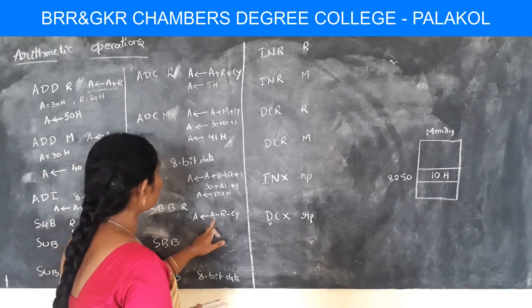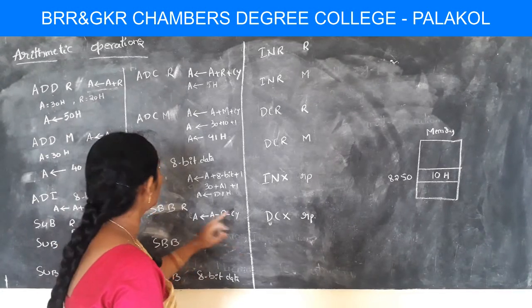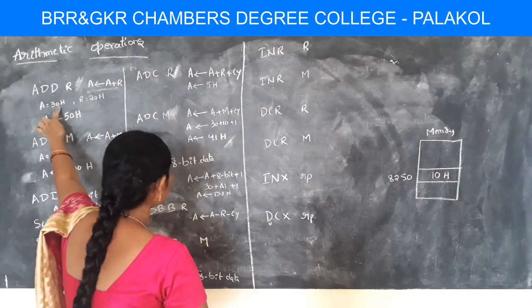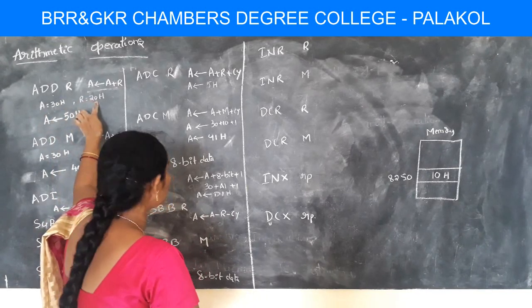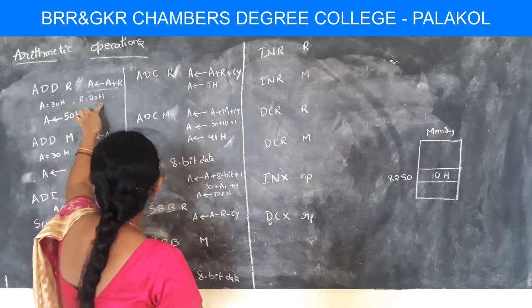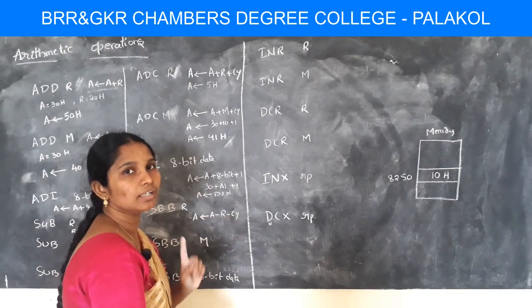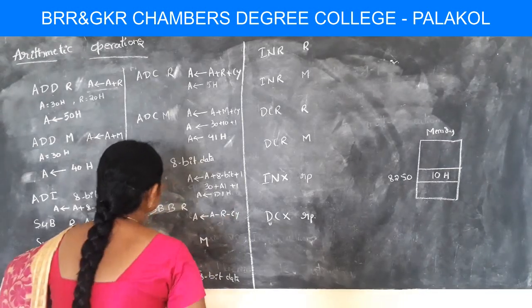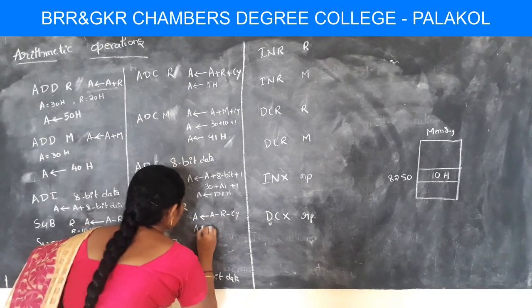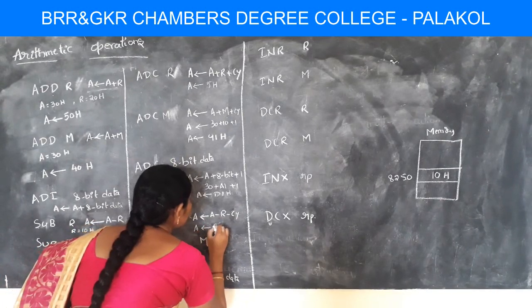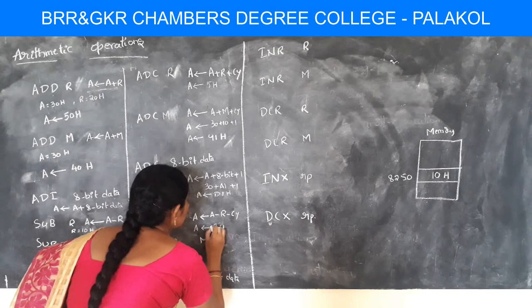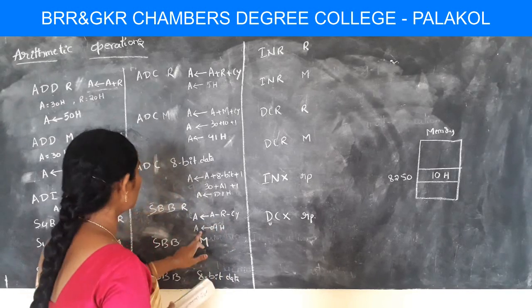So A minus R minus 1. A is equal to 30 and R is equal to 20. So 30 minus 20 is 10. 10 minus carry, that is 1, so 10 minus 1 is 9. So this 9H is stored in the accumulator.